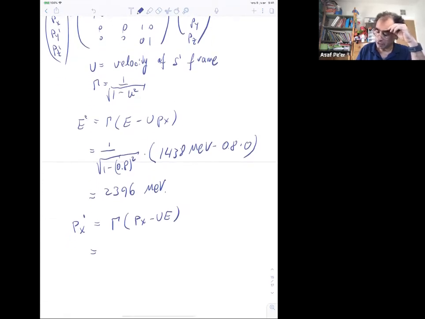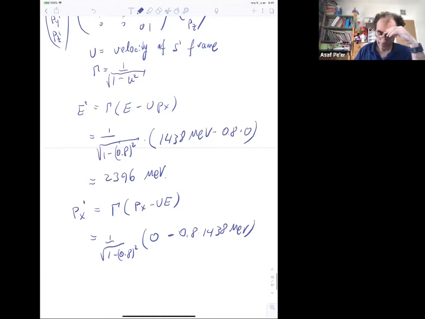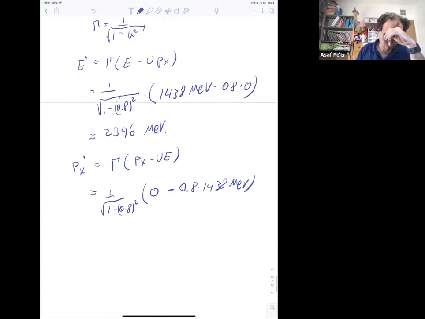So this is gamma, which is 1 over the square root of 1 minus 0.8 squared, and then we have 0, and then minus 0.8 times 1438 MeV, which is minus 1917 MeV.